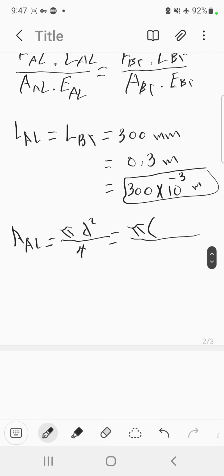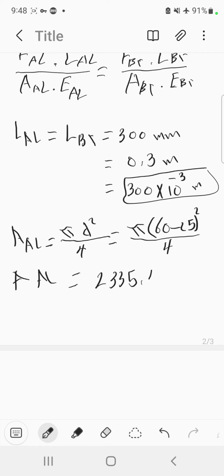So in order to get the area for aluminum, we need to subtract 25 from 60: pi times (60 squared minus 25 squared) over 4. So the area for aluminum is going to be 2335.4 millimeter square.